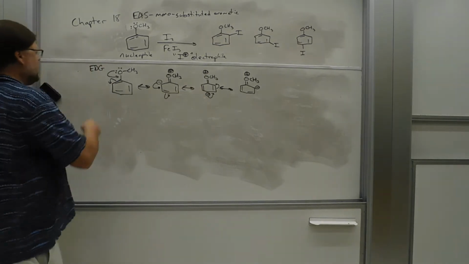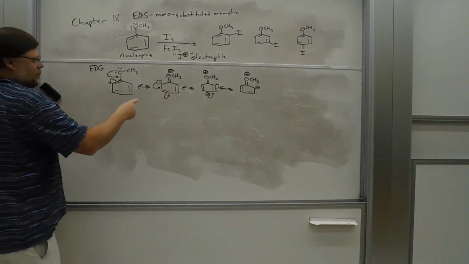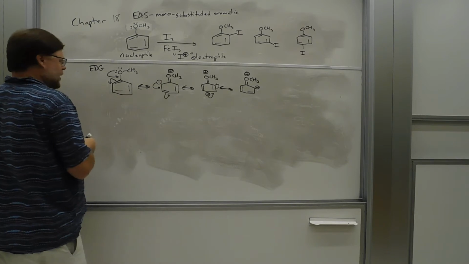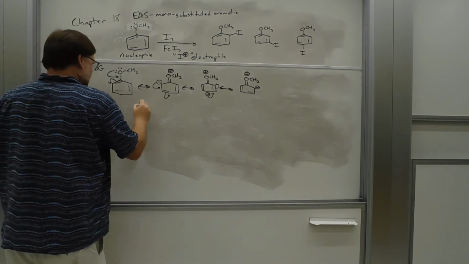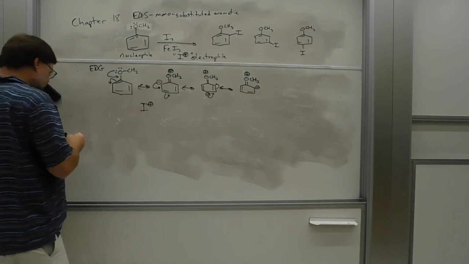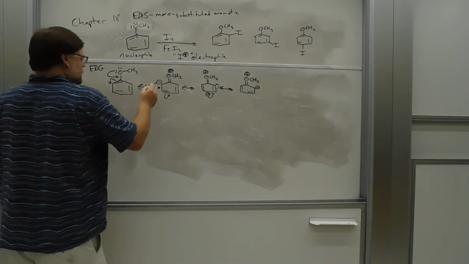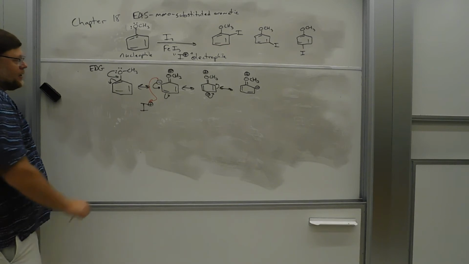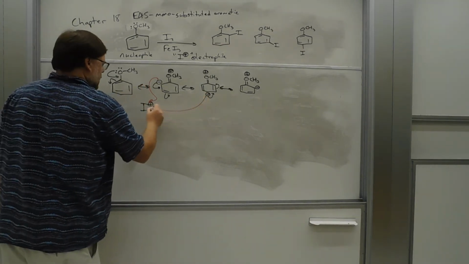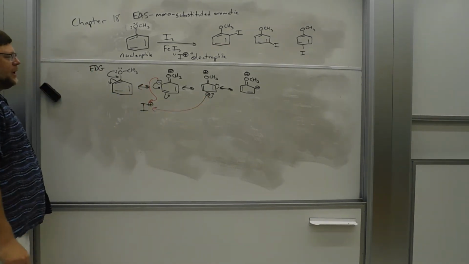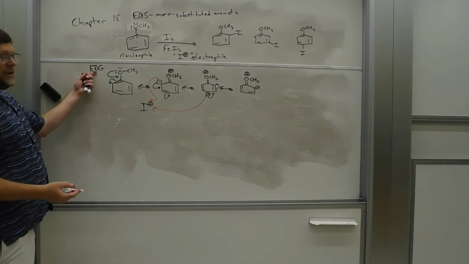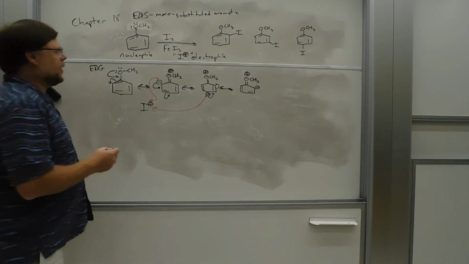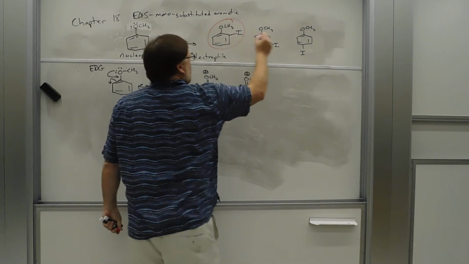So an electron donating group is going to put the electrophile, if we have an I plus here, on either the ortho position or the para position. We're never going to put it on the meta position with an electron donating group. So again, ortho and para.